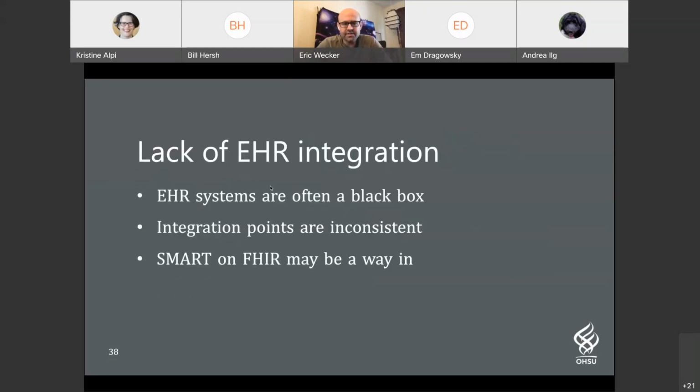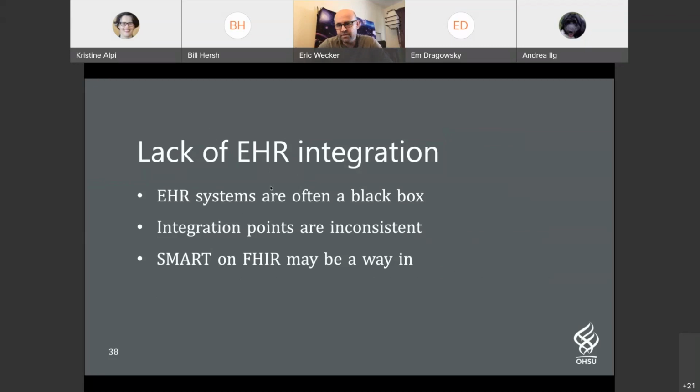And another complaint is the lack of EHR integration. This is another very tough problem because EHR systems are not free and open source. So they're usually like a black box. Developers simply don't have access to EHRs.